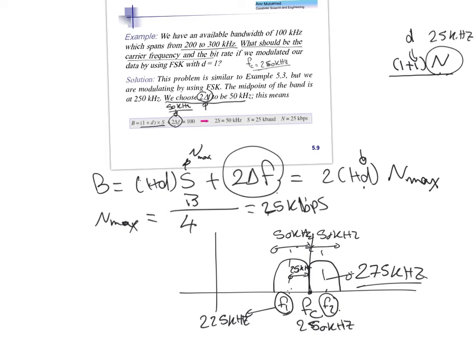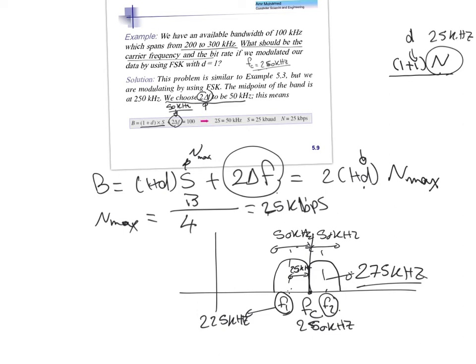Okay? So either I give you 2 delta F directly, or I give you just a keyword from which you can calculate the value. What if I tell you what is the minimum bandwidth for a specific bit rate? Then also that's when 2 delta F is minimum, right? If I give you bandwidth and I tell you what is the maximum bit rate, then that's when 2 delta F is minimum.